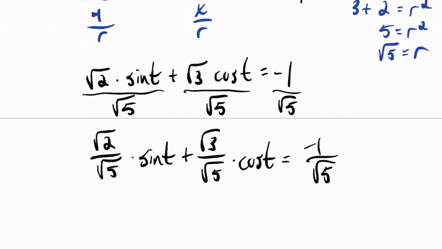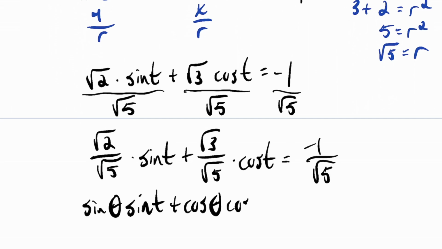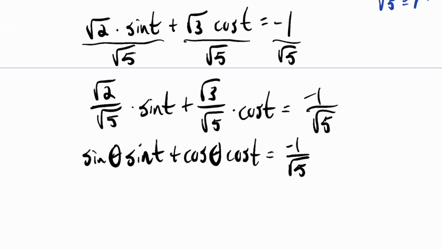So this is sine theta times sine t plus cosine theta times cosine t, which is -1 over root 5. Now, as I said, this matches one of the difference angle formulas. This is cosine of t minus theta.